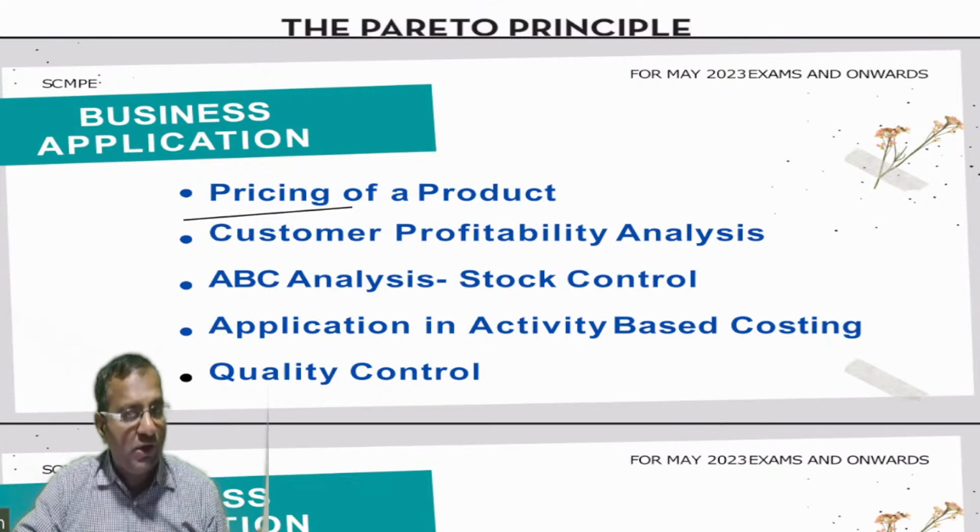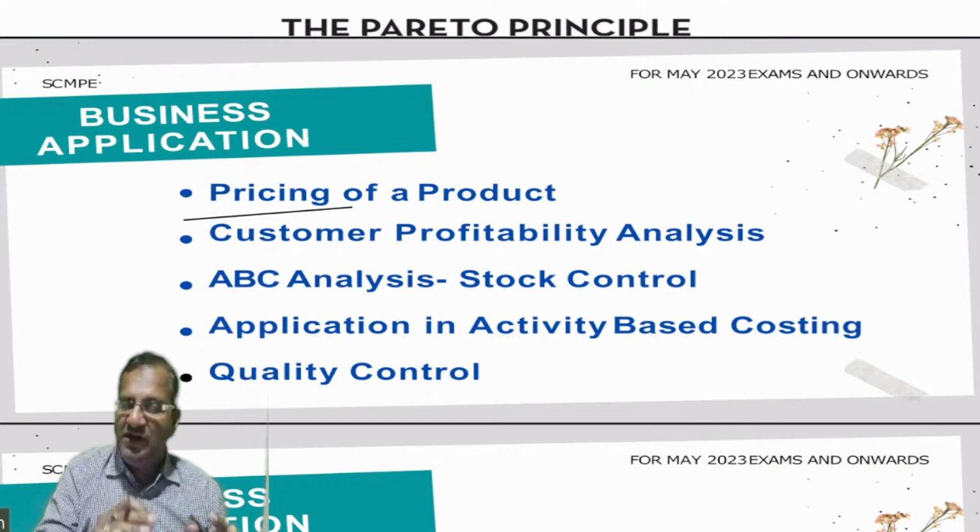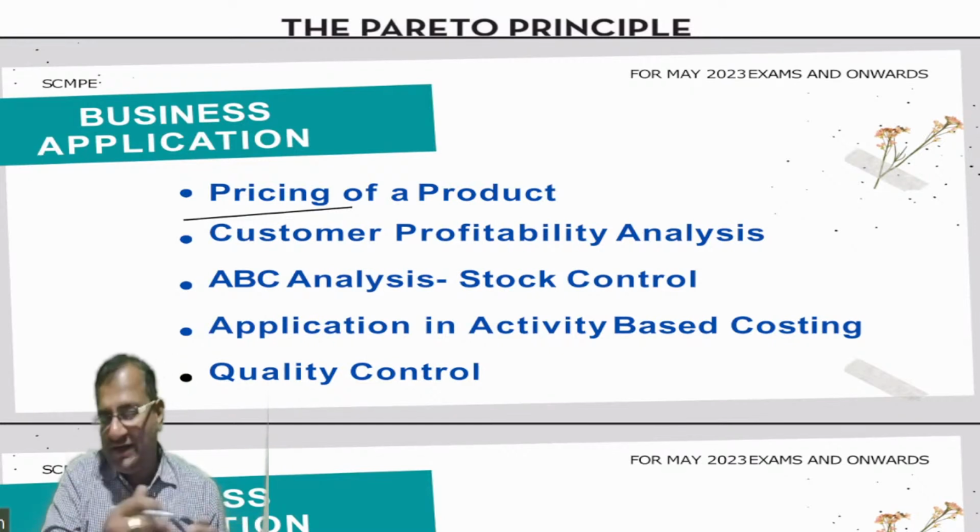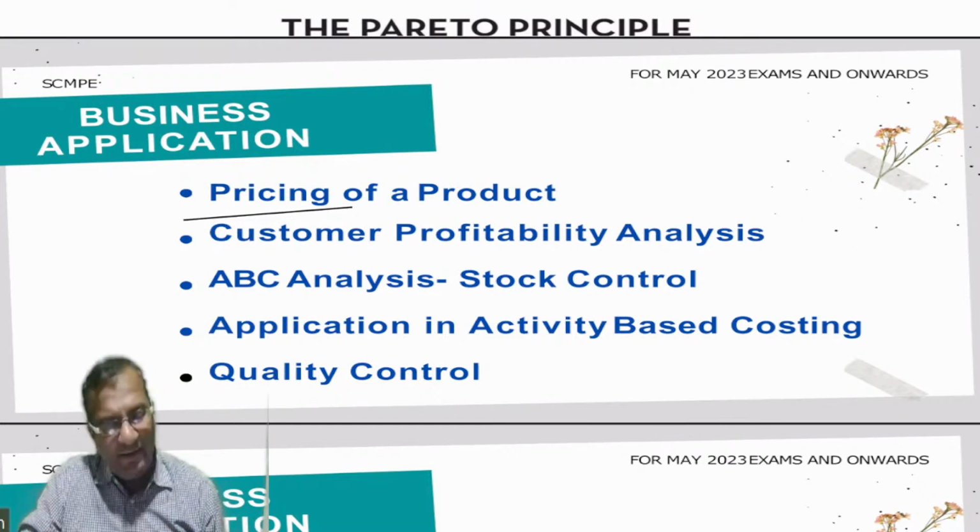We are not talking about the quantity, we are talking about the type of product. You have to identify those 20% of the products which are generating 80% of the revenue or profit. I already told you, beta, 20% is not rigid. It can be 15%, it can be 25%, it can be 30%.